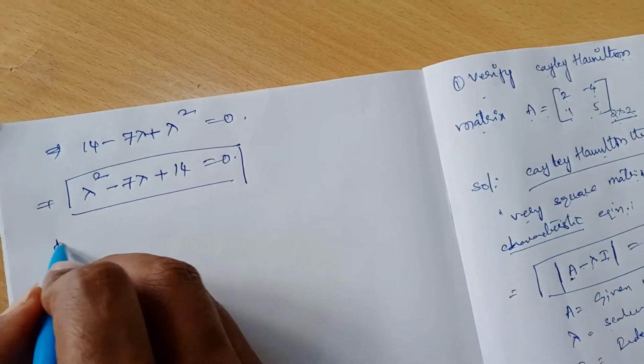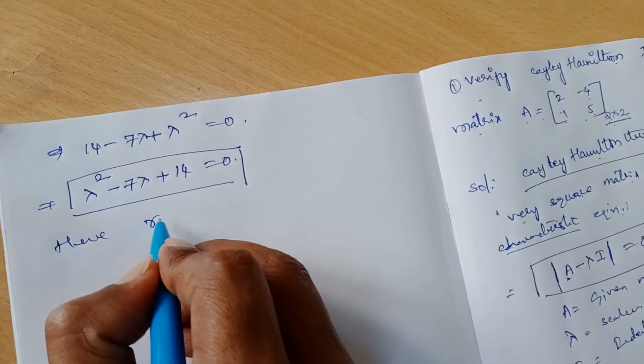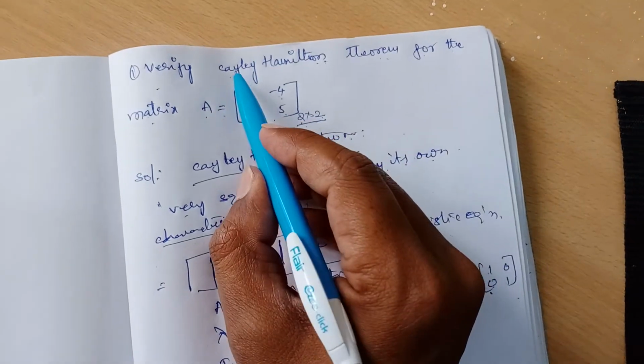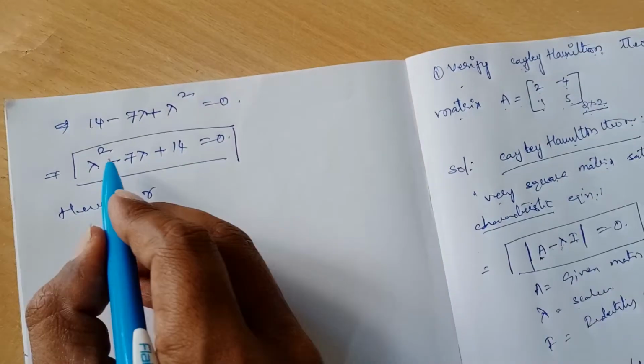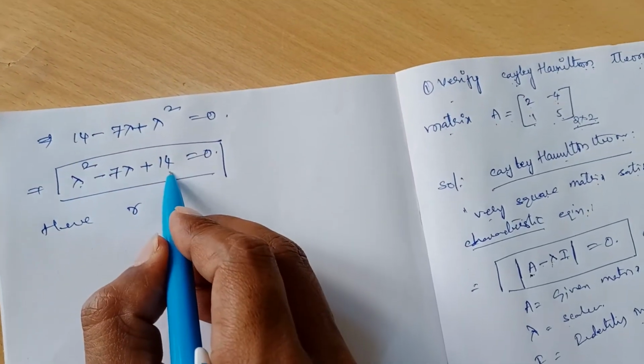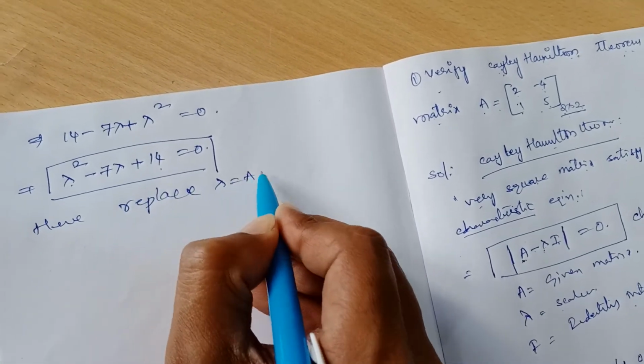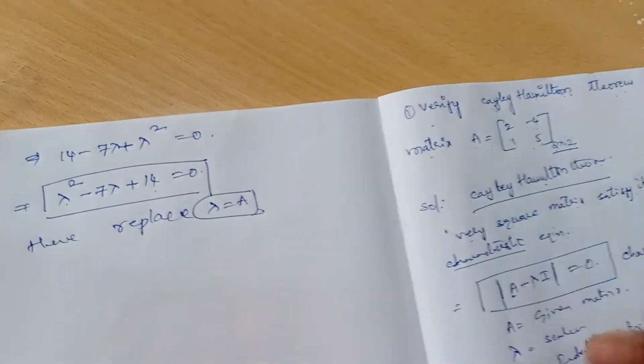Here, coming to the Cayley-Hamilton theorem, in the characteristic equation replace lambda is equal to A. See, are you following?